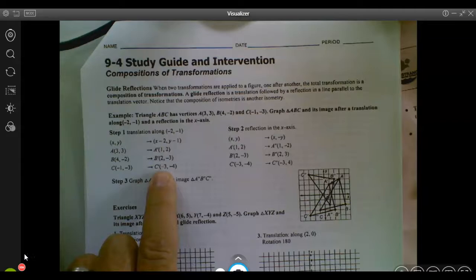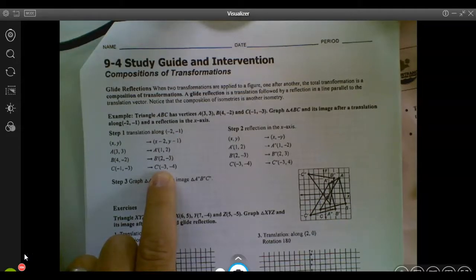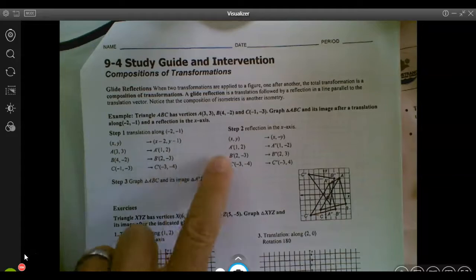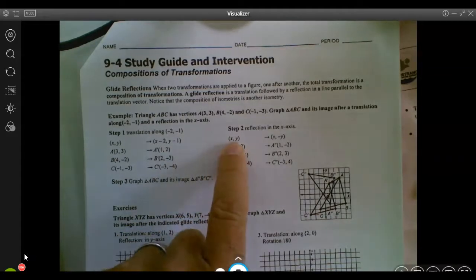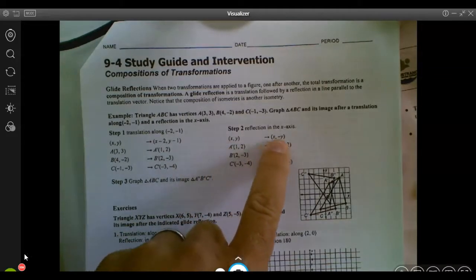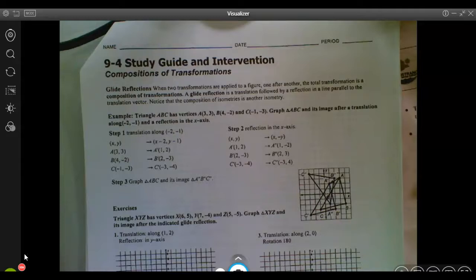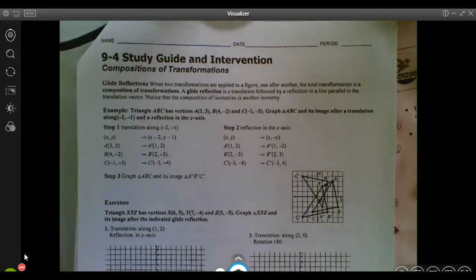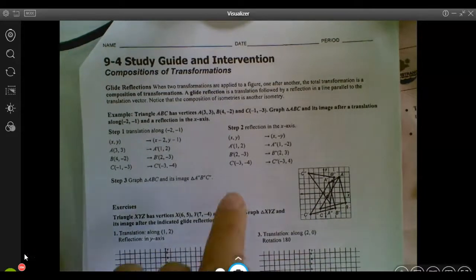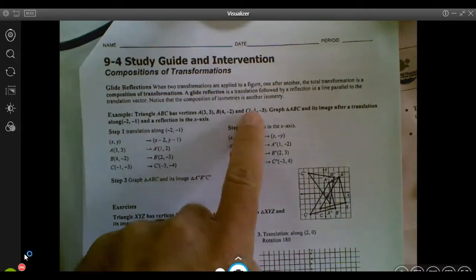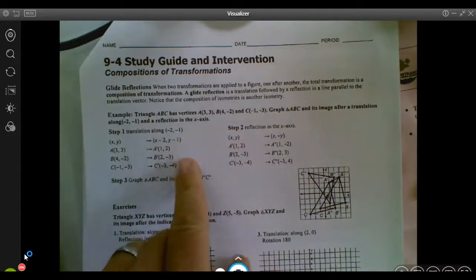From there, they're going to take that answer and reflect those numbers across the x-axis. So remember, when you reflect something across the x-axis, the rule is the y value changes its sign. So a good thing to remember is that (x, y) is going to become (x, negative y), the opposite of y. We're just changing the sign of the y value, but do keep in mind for this step, we're not going from the original points, we're going from our previous answers.